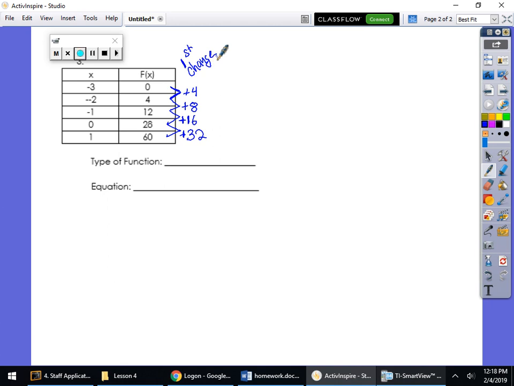But what we notice here is that 4, 8, 16, 32, what we actually notice is that this is multiplying by 2, multiplying by 2, and multiplying by 2. So each time it's multiplying by 2. So whether it's our first change, second change, or multiplying, since we're multiplying, it has to be exponential.